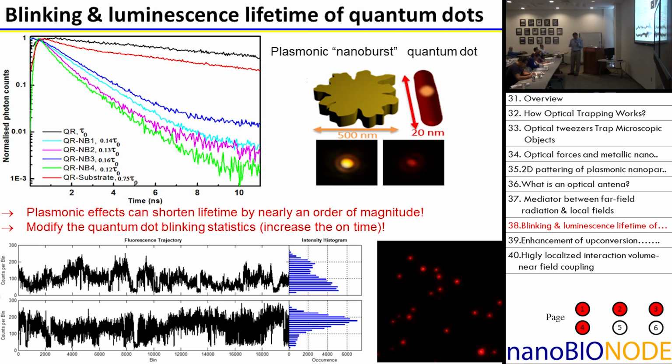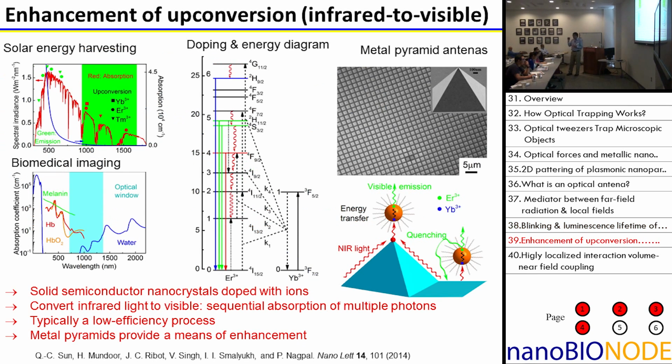Now, if you bring a metal plasmonic nanoparticle close to it, you see that this behavior changes and you have mostly on then, right? So you can control how those quantum dots luminesce by simply using the plasmonic harvesting effects that we just discussed.